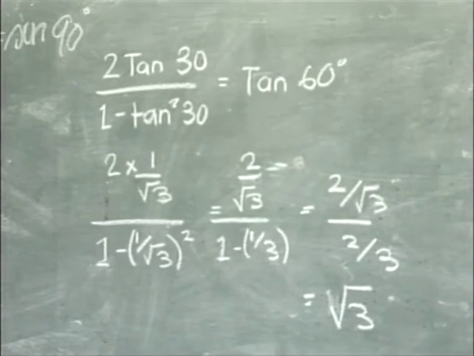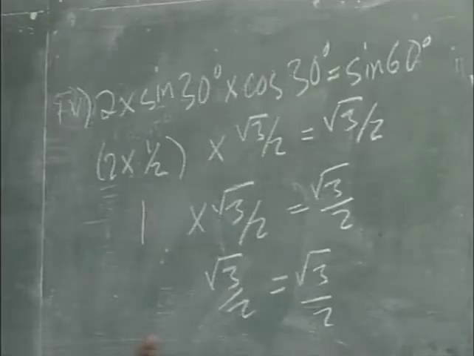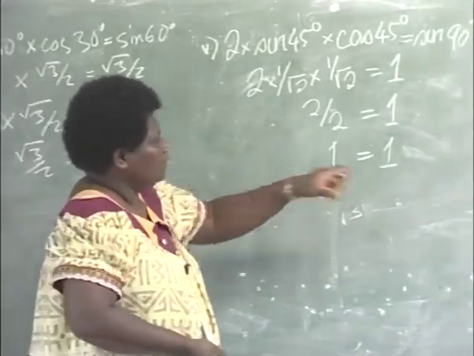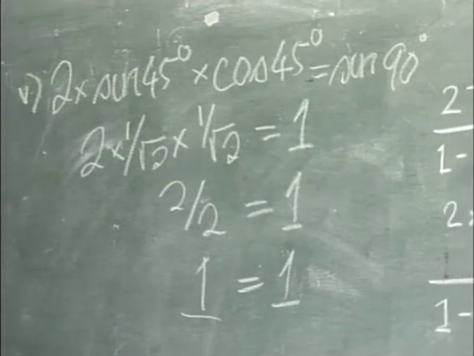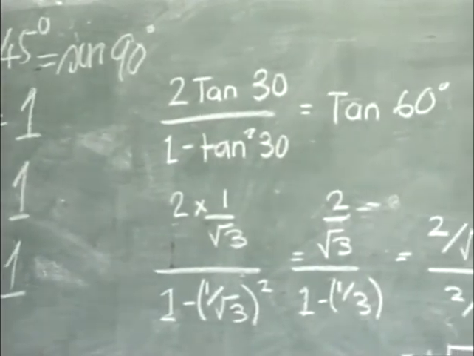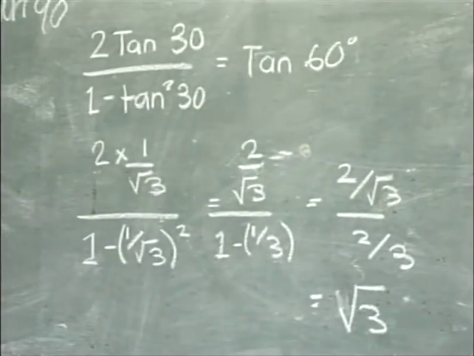Okay, what's this one? 4 is correct. 5 is also correct. And 6 is also correct. Tan 60 is root 3. Okay, Patrick, number 7.